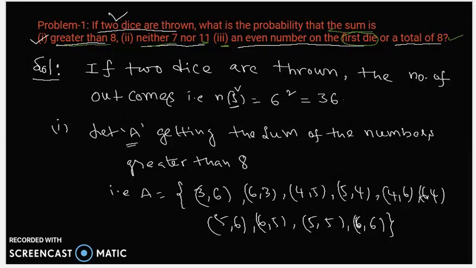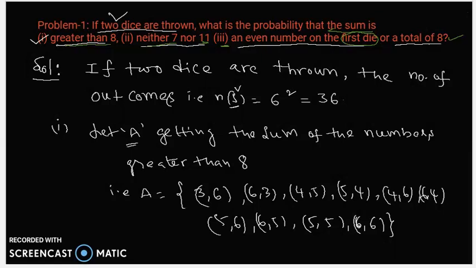So to solve this problem, first we concentrate on what are the exhaustive cases in this problem. To find the exhaustive cases means the number of possibilities of this experiment.